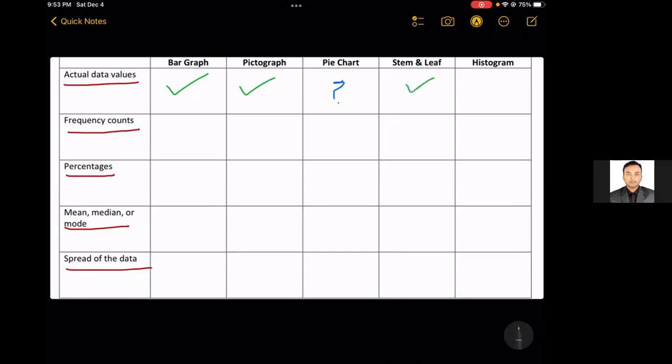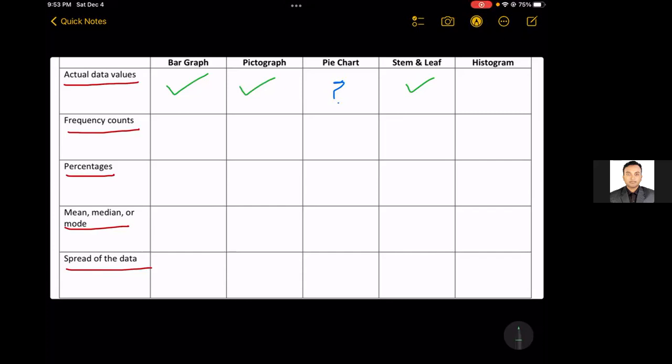Histogram, well, when you see a histogram, you can probably never derive actual data values from that.